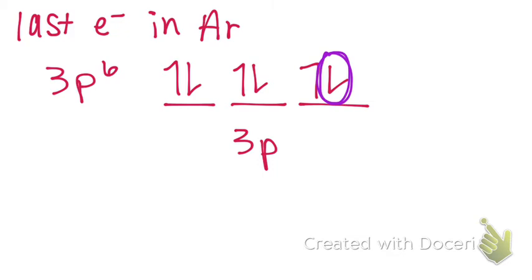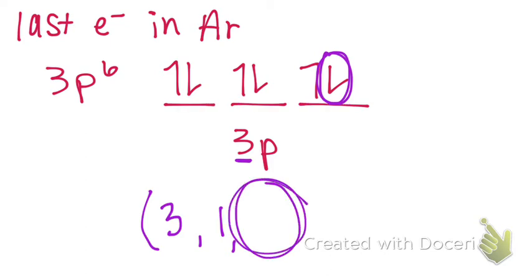I'm going to start with the principal energy level, which is 3, because it's a 3p. Then what's the second part tell us? The shape. S is 0, P is 1. Now I need to know which version of the orbital it is in. The values for the third quantum number can range from negative this number to positive this number, so -1 to +1 in this case.